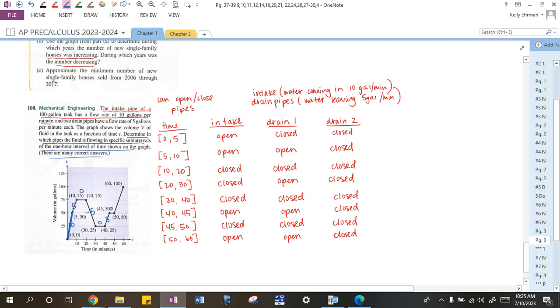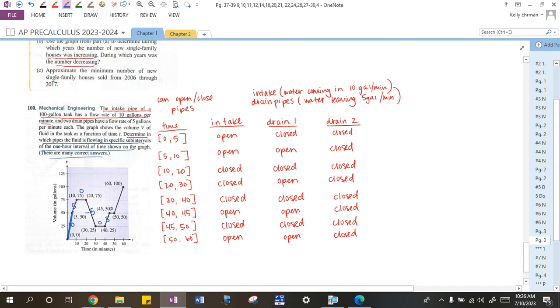So water's coming in at 10 gallons per minute, but then one of the drains is open to let it out at 5 gallons per minute, so that in 5 minutes, we got 5 more gallons. Okay, and then the last one I'll talk about here, there's just this stagnant time where the slope is 0. So the water's just sitting there for 10 minutes at the same volume. That just means all the pipes are closed. No water coming in, no water coming out.